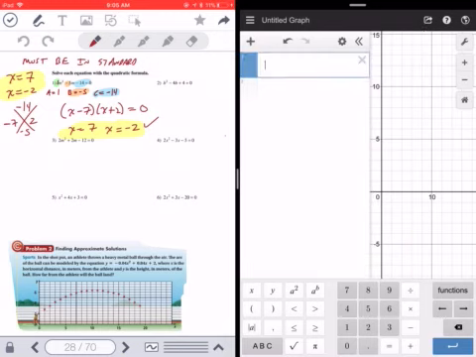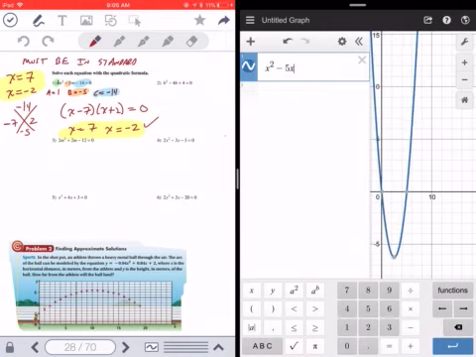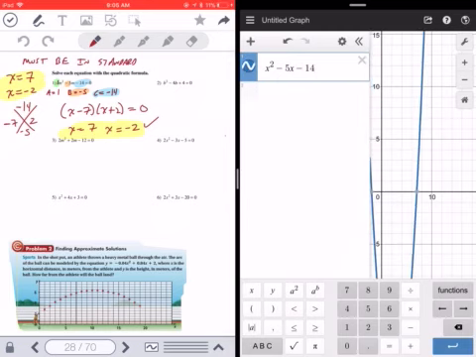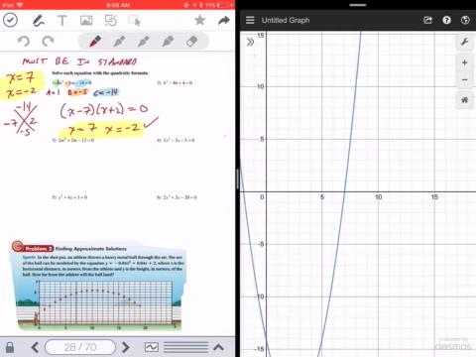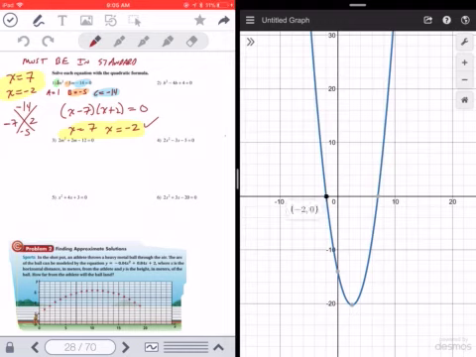Oops, erased it. So this is going to be x squared minus 5x minus 14. Okay, I meant to do that. There we go. So if I click on these, I can see that the solutions from graphing would be negative 2 and 7. All right, so we actually just solved it 3 different ways. We factored it, we used the quadratic formula, and we graphed it. We got the same solution.